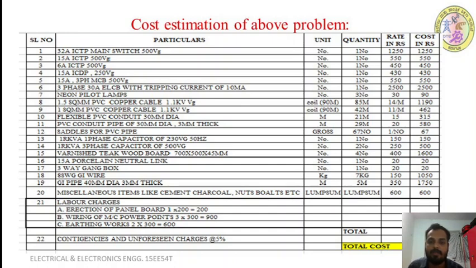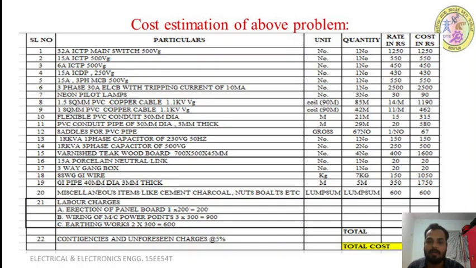Next 1.5 square mm cable, we require 85 meters at 14 rupees per meter, so 14 into 85 becomes 1190 rupees. Next 1 square mm cable, 42 meters, at 11 rupees per meter, so 42 into 11 becomes 462 rupees.